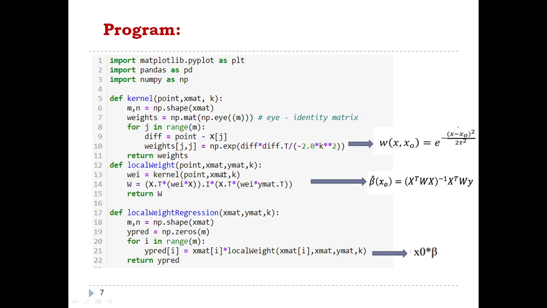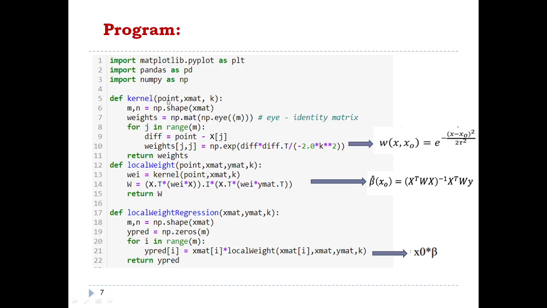It calls the kernel function with the parameters point, the bill amount details, and the local points, that is 8. It returns the weight of that particular point, that is wei. Once this statement is called, it invokes the kernel function.